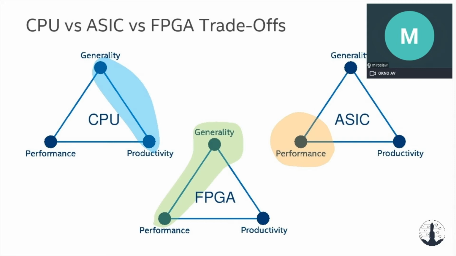And in the middle, as the golden mean, we have the FPGA, which is a very general solution, where you can implement many things. It can improve the performance of the software, but one of the bottlenecks is similar to all the problems we have with hardware.